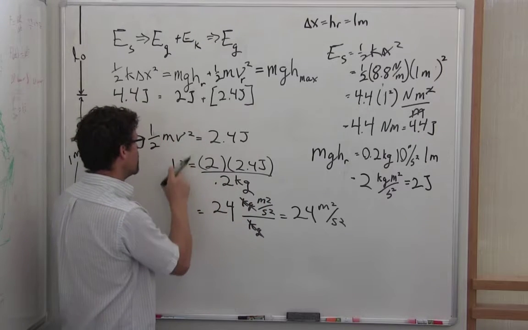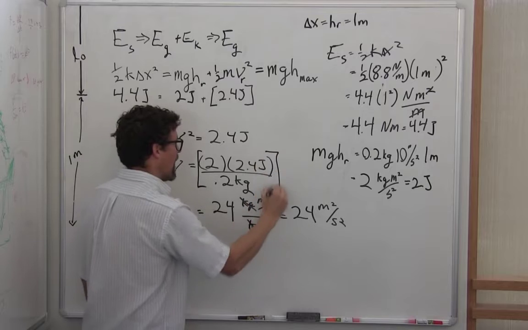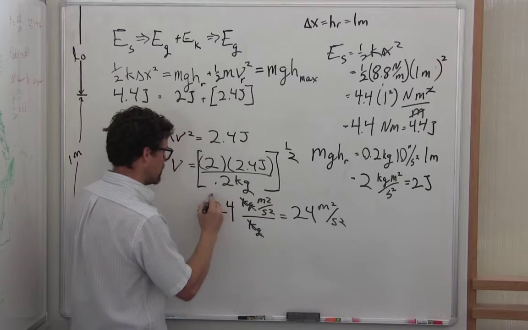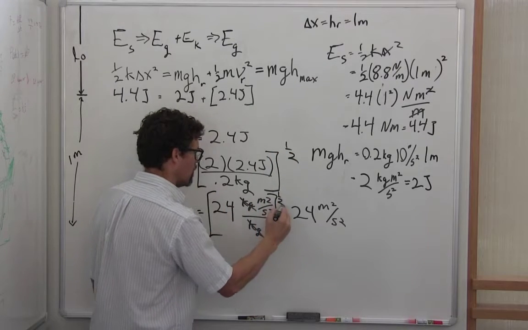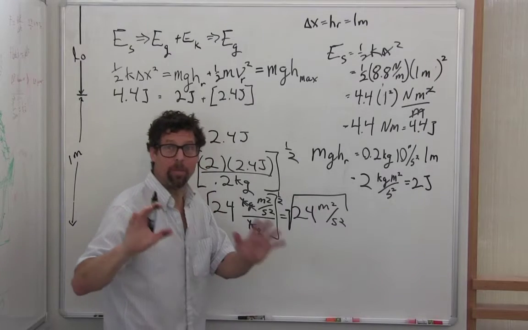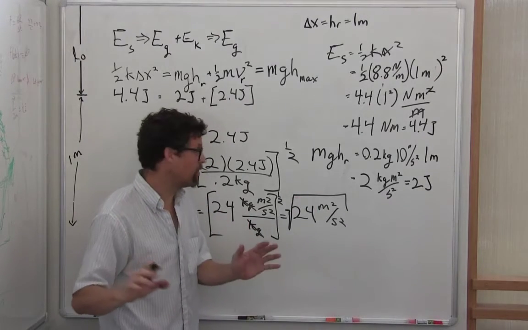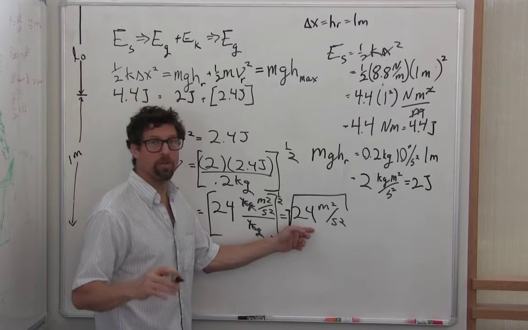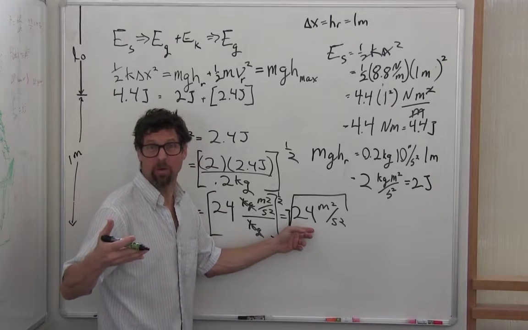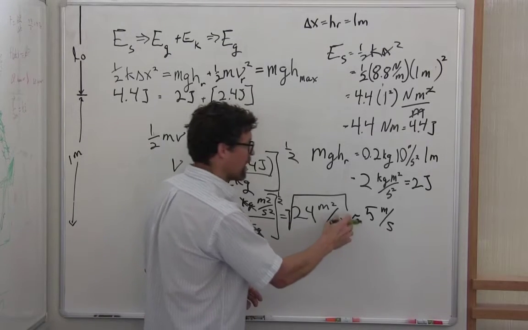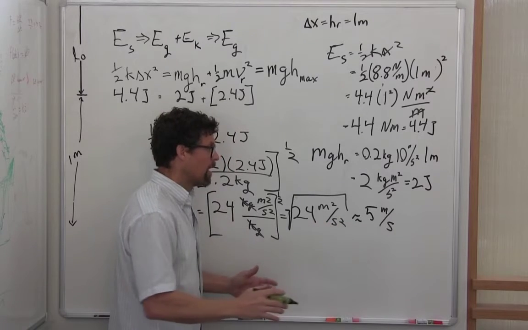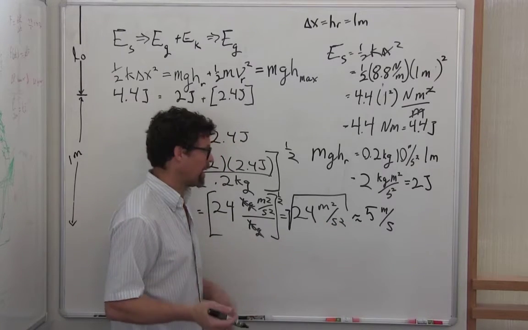Oh right, this is v squared, and so I have to take the square root, which is good because 24 meters per second is way too fast. And so the square root of 24 is a little less than the square root of 25. We're talking about 5 meters per second, about 11 miles an hour, a running pace.